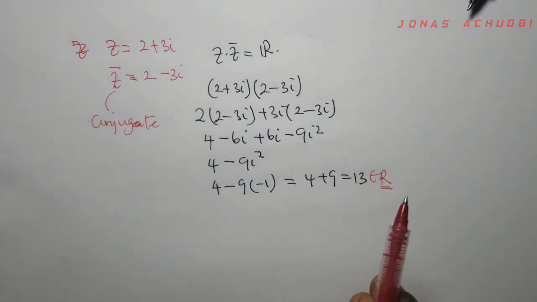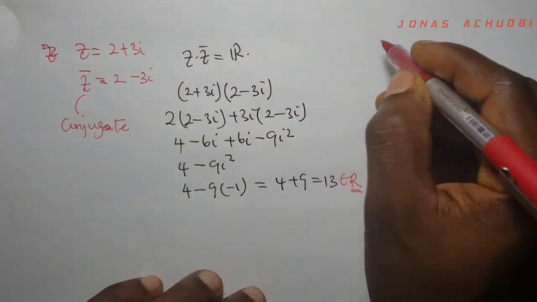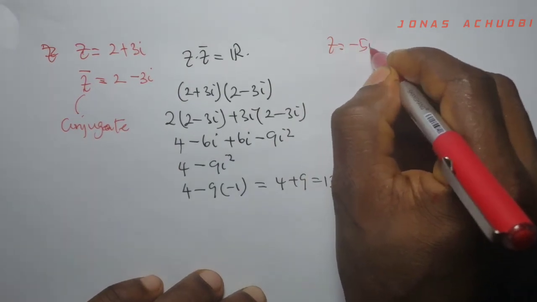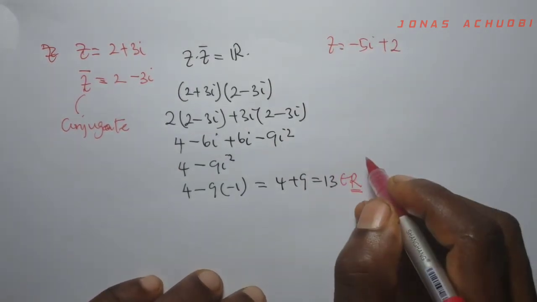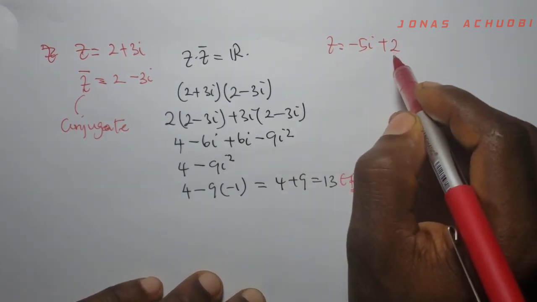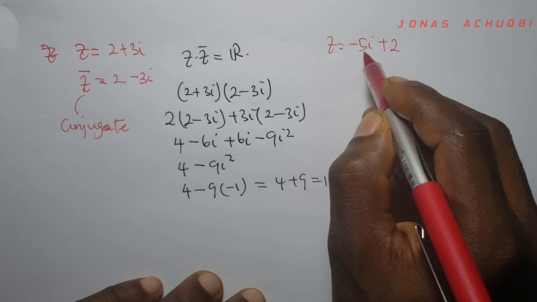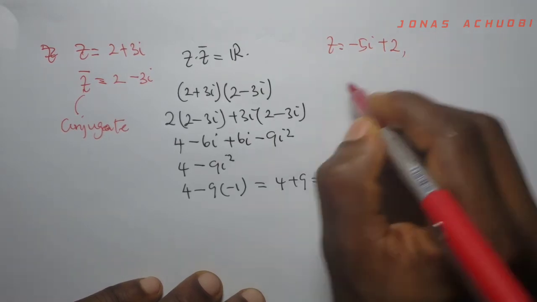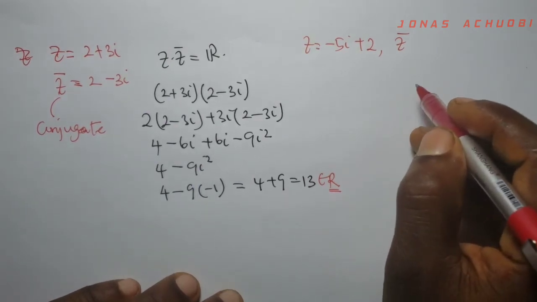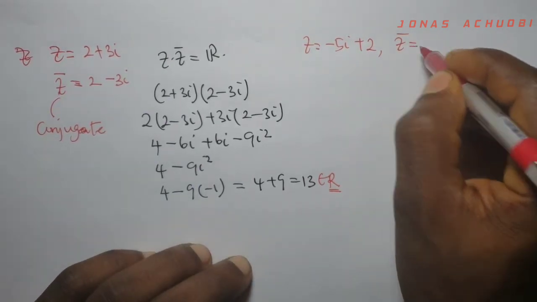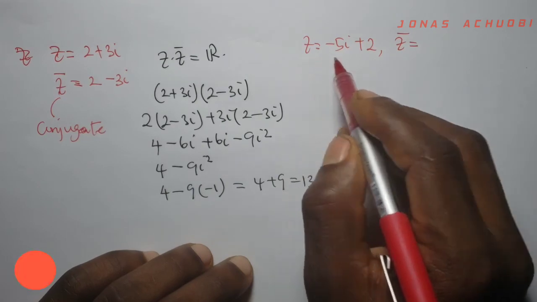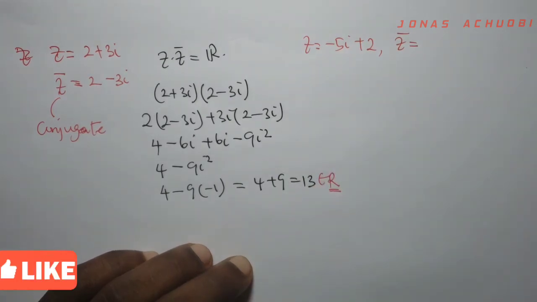So I take one more example. Example 2. We have a complex number z equal to minus 5i plus 2. The real part of this complex number is 2 and the imaginary part is negative 5. So the complex conjugate of this complex number is z bar. It will have the same real part as z, but the imaginary part will have the opposite sign.